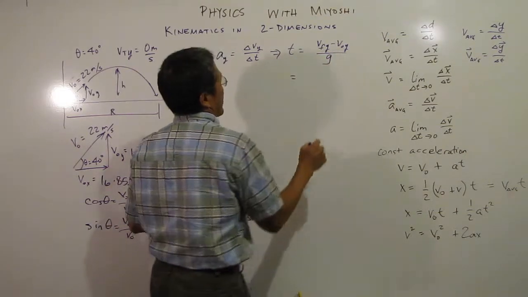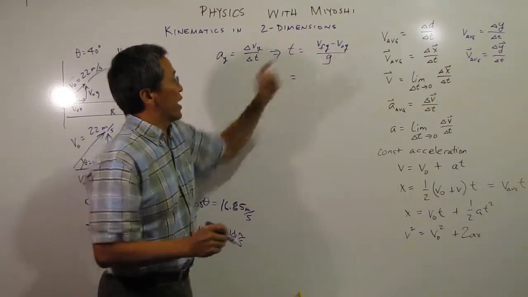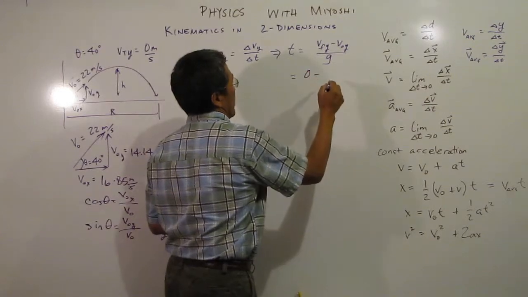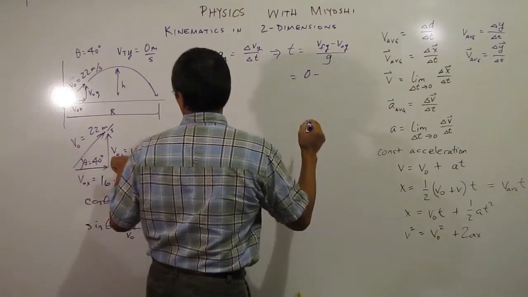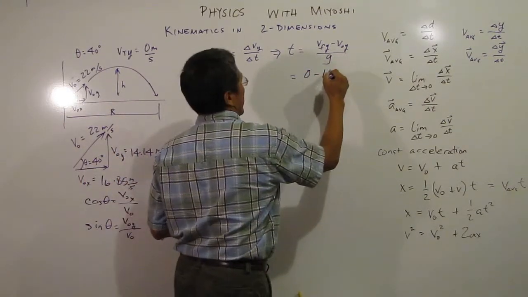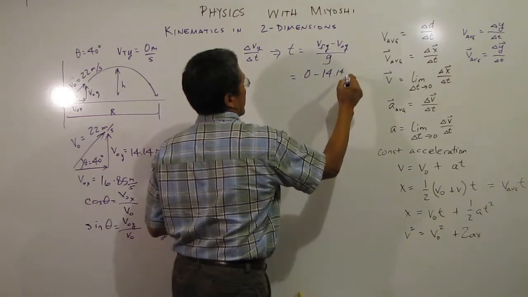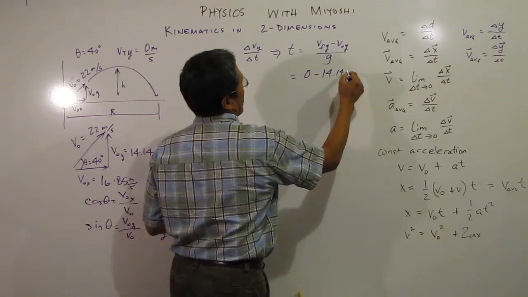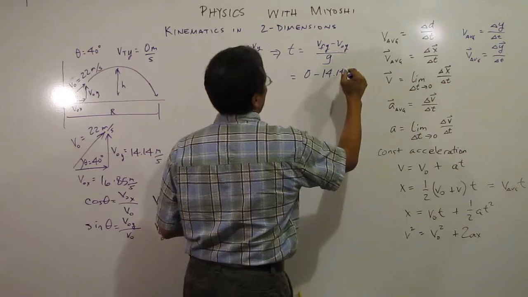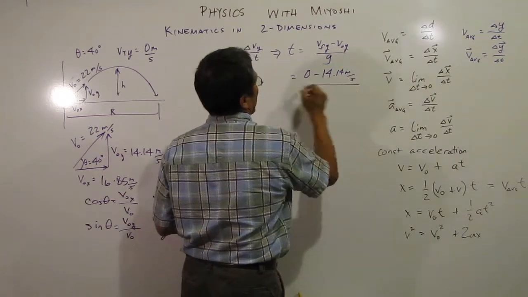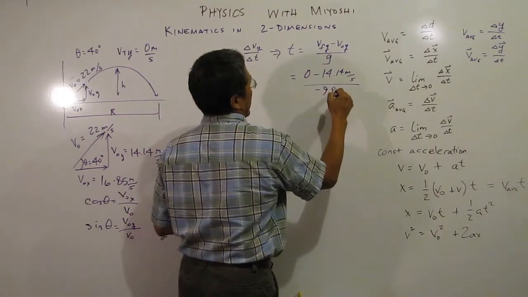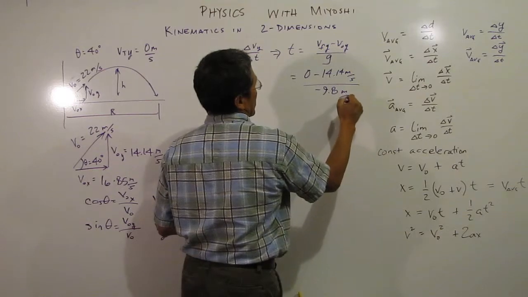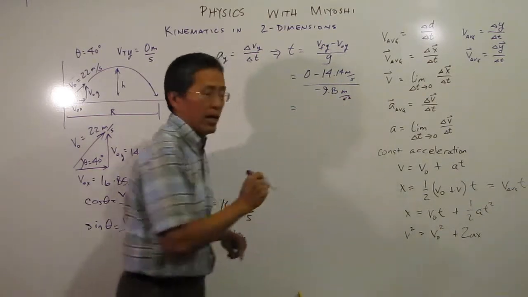The final is 0 minus 14.14 meters per second, divided by negative 9.8 meters per second squared, and I end up getting the time.